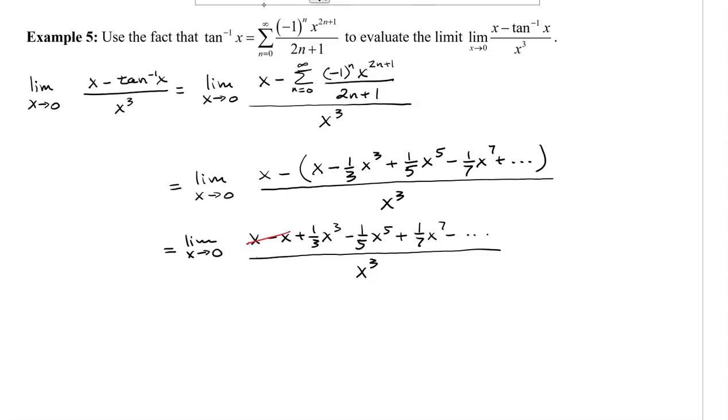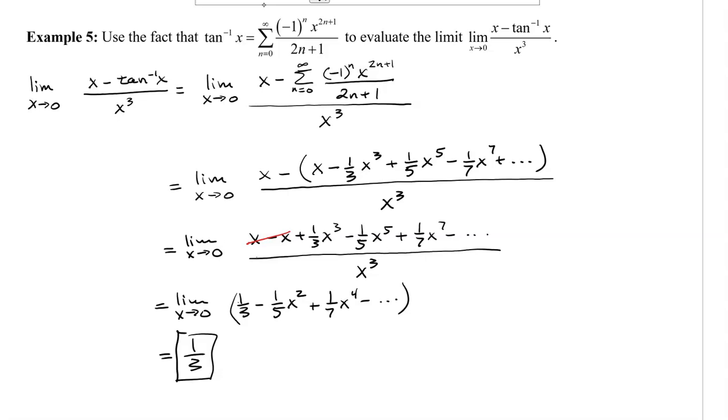And now we can divide every term by x to the third to get 1/3 minus 1/5 x squared plus 1/7 x to the fourth, like that. Now if we take the limit as x approaches 0, we notice that every term after 1/3 will zero out, and just like that, we found our limit.